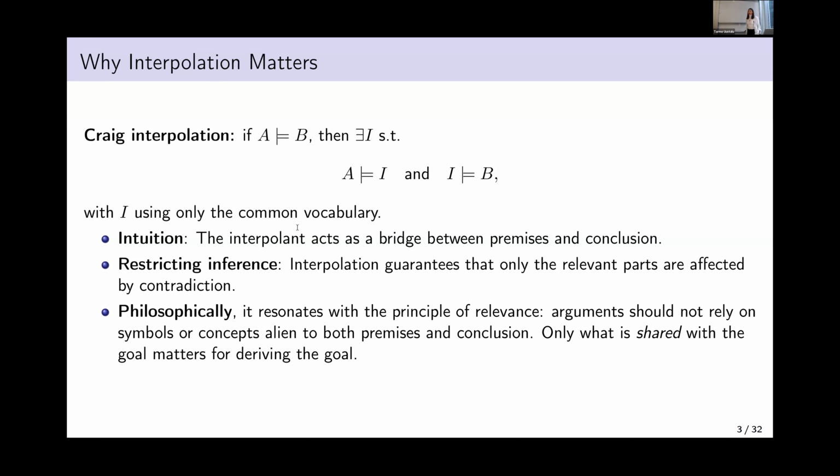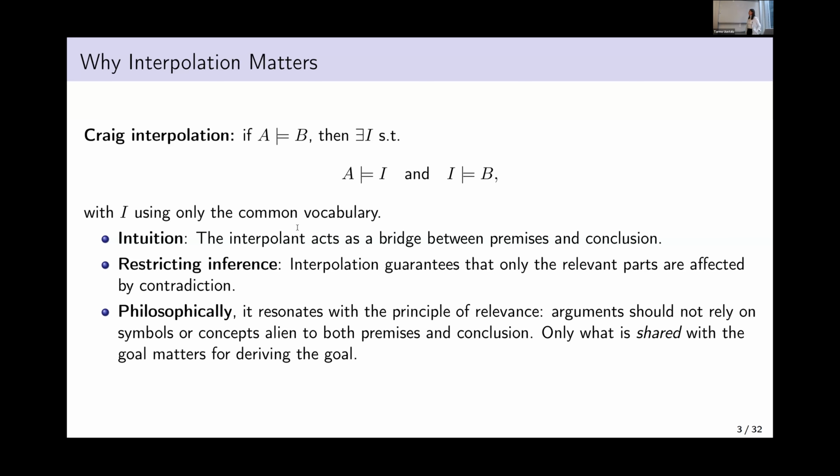The reason for interpolation is that it acts like a bridge between the premises and conclusion. So you cannot have arbitrary conclusions in the language if it doesn't share common language with the premises, with assumptions. So it restricts inferences in the sense that interpolation guarantees that local contradictions stay on the local side, and it doesn't affect the whole system.